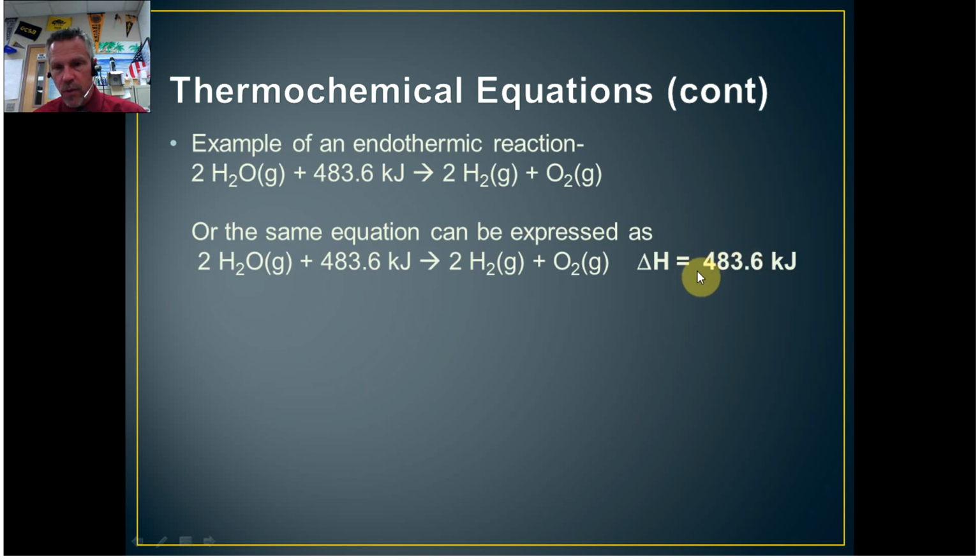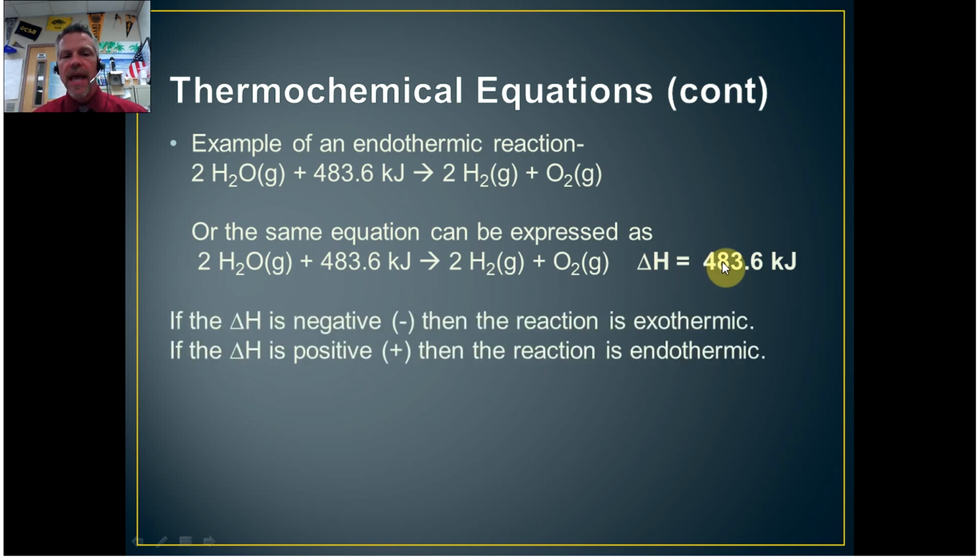You notice there's no negative sign in front of it like on the previous reaction. So delta H is now a positive number, and that means the reaction is endothermic. You can tell that from either of these examples. You can tell it from this bottom example because delta H is a positive number, and you can tell that it's an endothermic reaction in the upper example because the heat term is on the left side as a reactant.